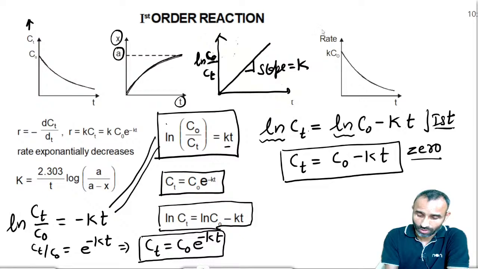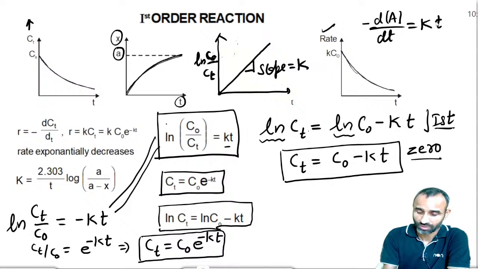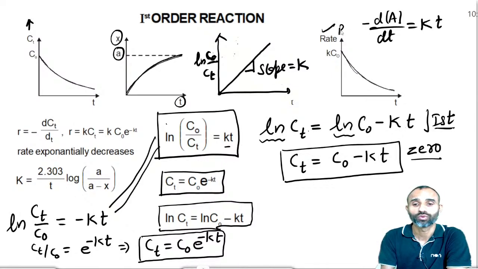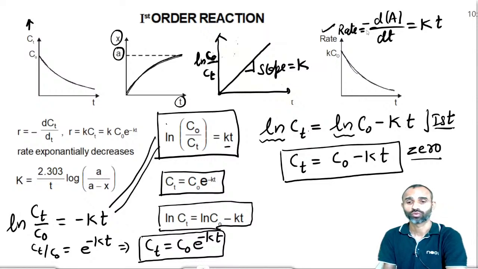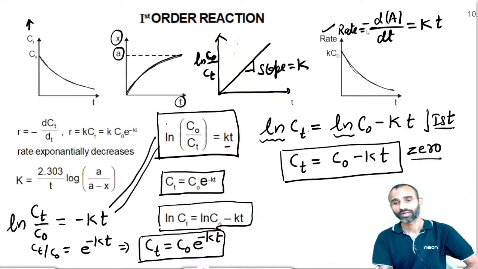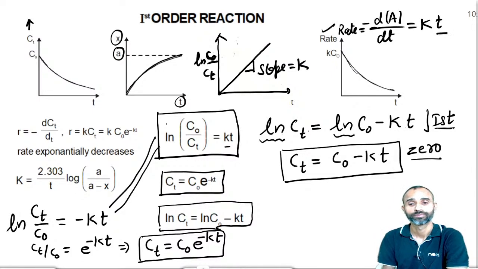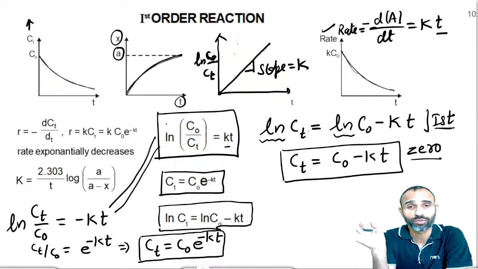And if we plot a graph between rate versus time, rate decreases continuously, because rate is minus dA by dt, that is equal to k times concentration. Rate is decreasing with time. That's why it takes infinite time to complete the reaction.